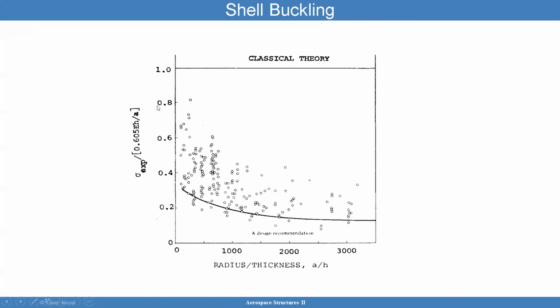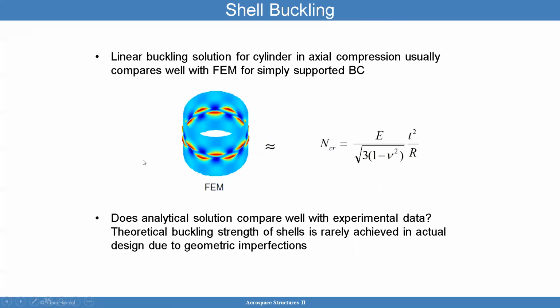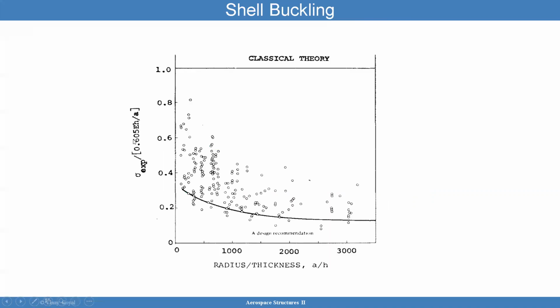And to show you that evidence, what was done here: if you took nu of 0.33, I believe, and you multiply all this stuff out, you're going to get 0.605 EH divided by A. Okay? And I'm using different parameters here.